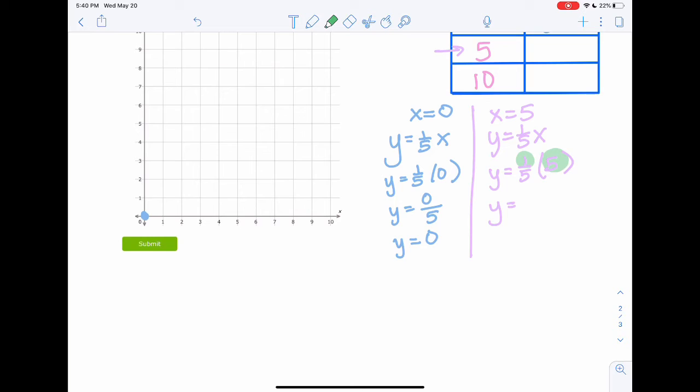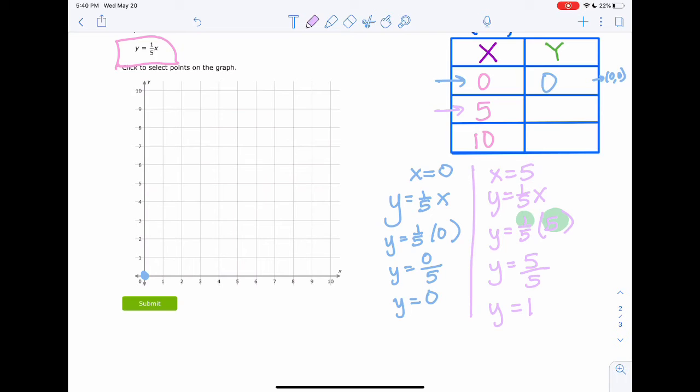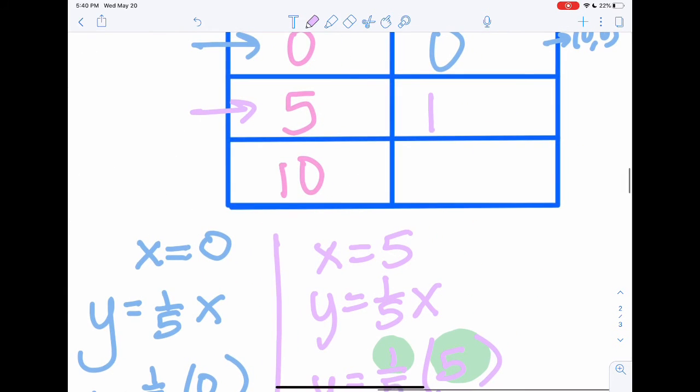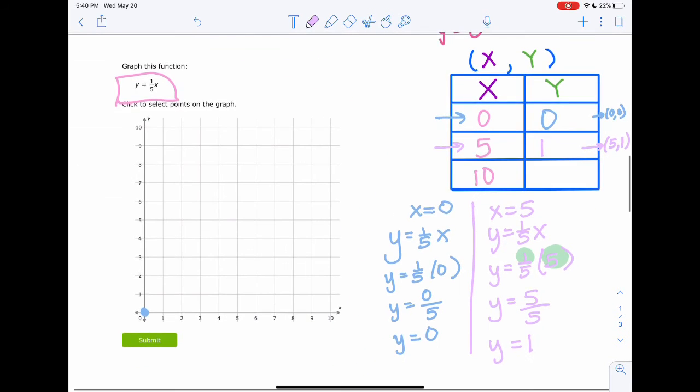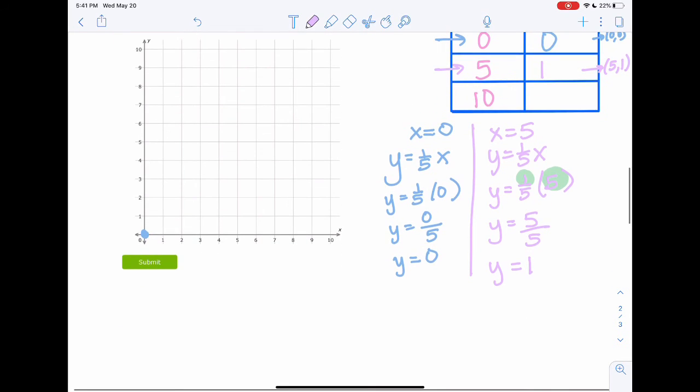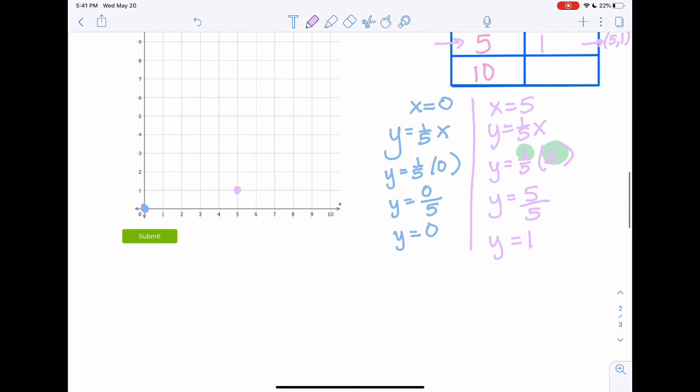So 1 times 5 is 5. Keep our denominator. 5 divided by 5 is 1. So here, when x equals 5, I get that y equals 1. So my point is going to be 5, 1. So I'm going to go to my x-axis at 5, and then I'm going to go up 1.